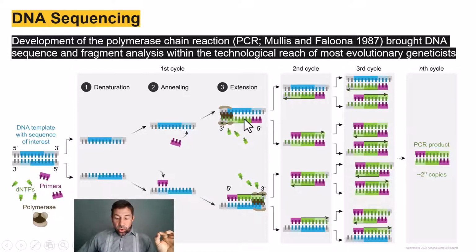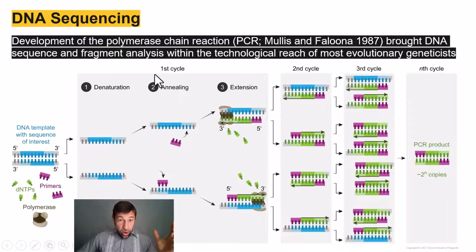And then we're going to build homologous strands using a thermostable DNA polymerase like Taq, T-A-Q, which was actually isolated from thermophilic bacteria in hot springs from Yellowstone.